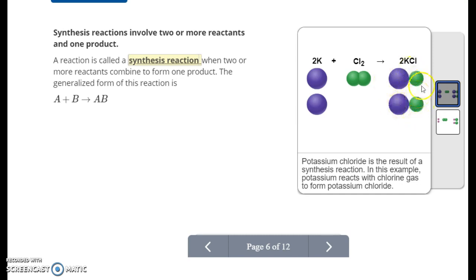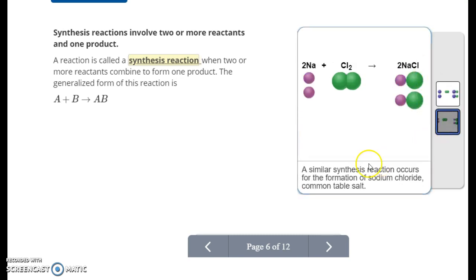So it's okay that there's multiple molecules over here, because we just need the multiple molecules in order to balance it. But there's multiple reactants, so at least two different chemicals reacting, and they come together to produce one product. Another example, two sodiums plus dichloride yields sodium chloride, or table salt.